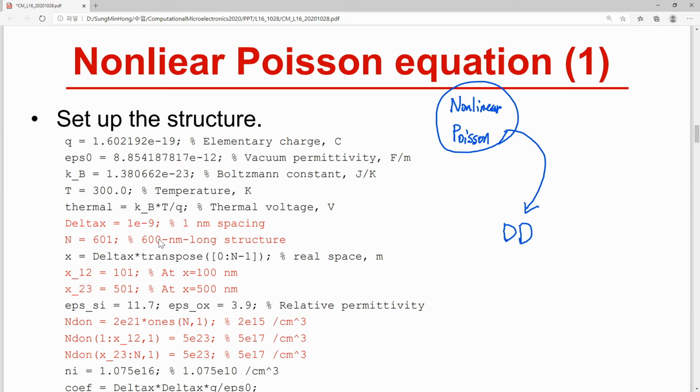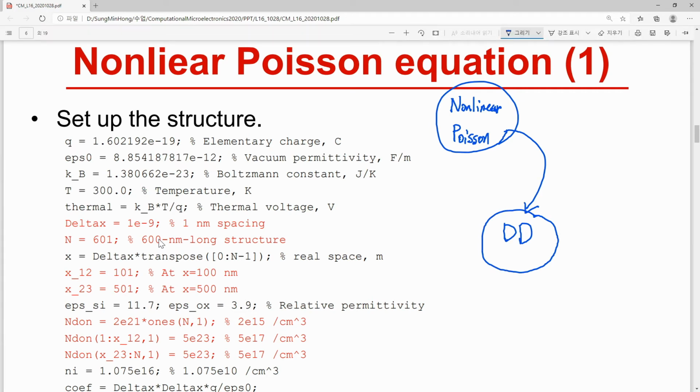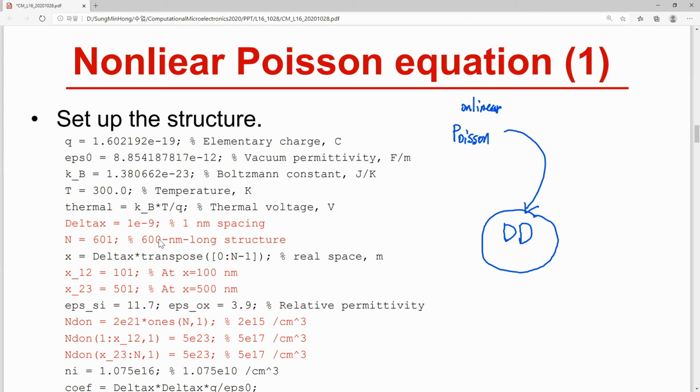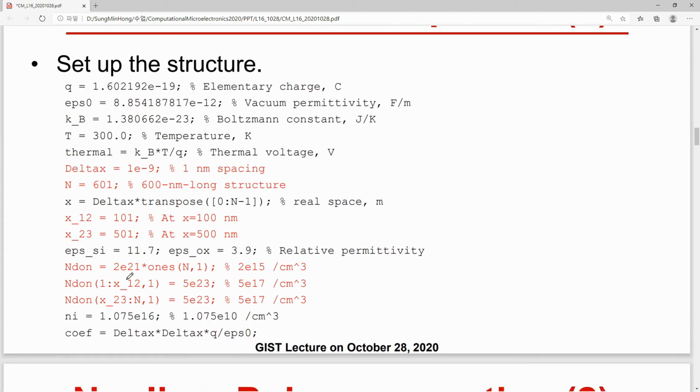So I can guarantee that you can get this nonlinear Poisson equation solution, and only after that you can try the solution of the drift-diffusion model. So in this slide, I'm just showing the code to solve the nonlinear Poisson equation. You have already solved it before, so I will just quickly sketch the implementation.